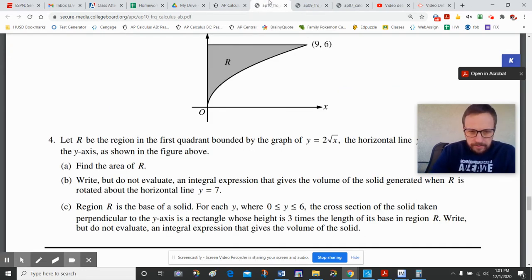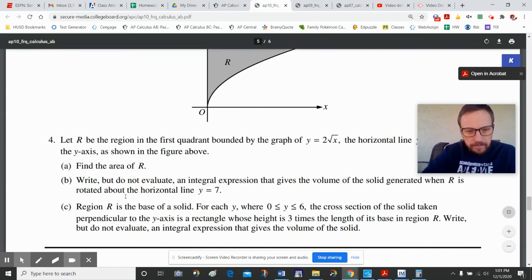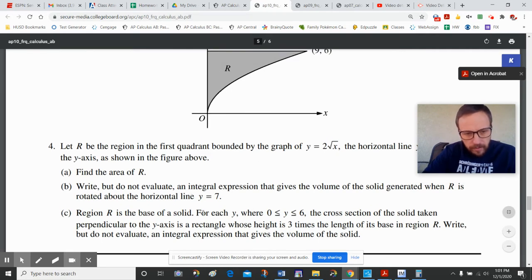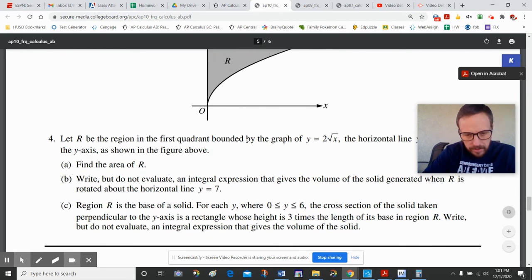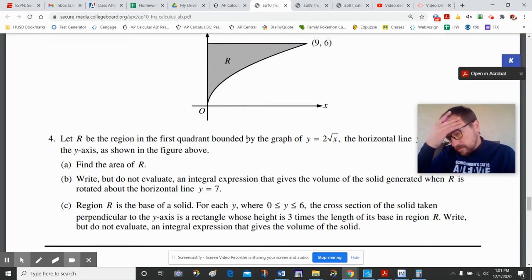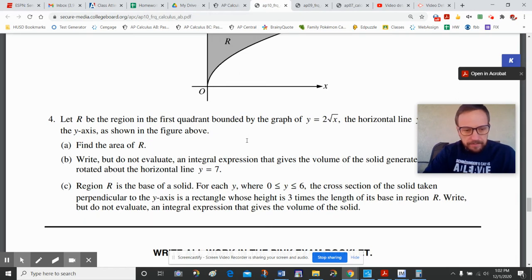One more. Okay. So, find the area of R. We revolve it around the line y equals 7. You get this sideways volcano. Okay.